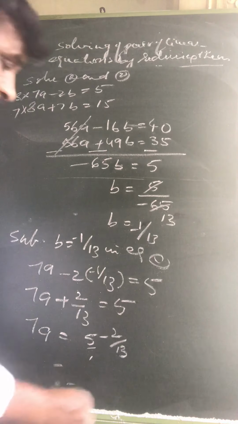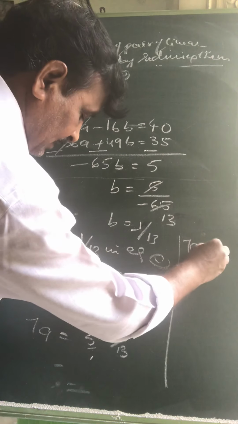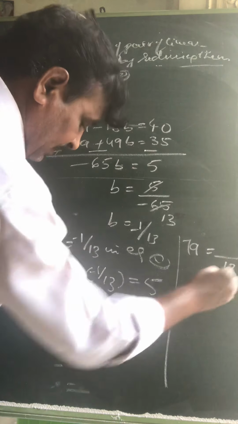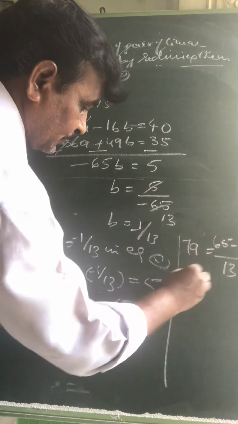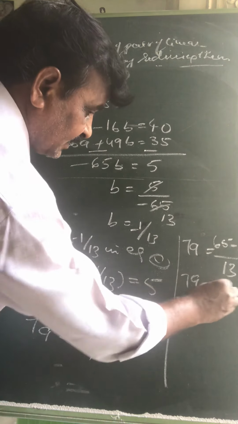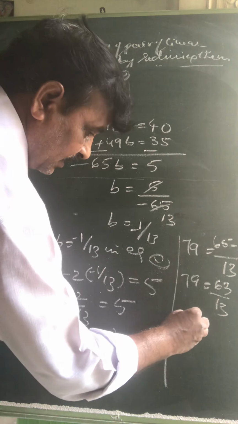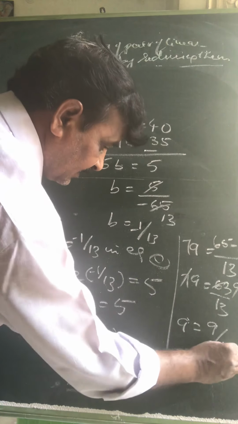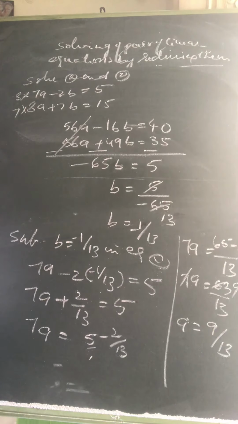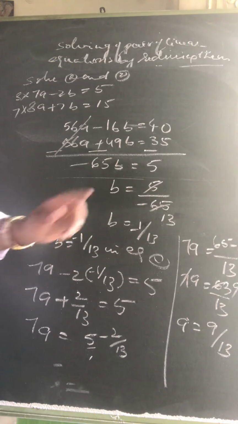Take LCM 13: 65 minus 2, so 7a is equal to 63 by 13. Now 7 ones are 7, 7 nines are 63. a is equal to 9 by 13. Here a is equal to 9 by 13 and b is equal to minus 1 by 13.